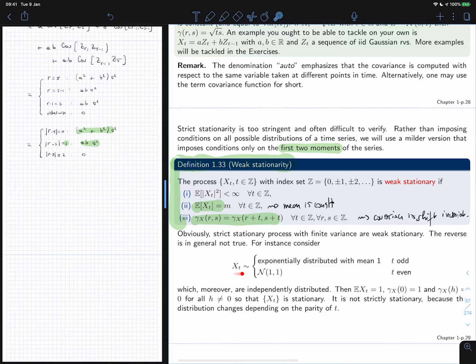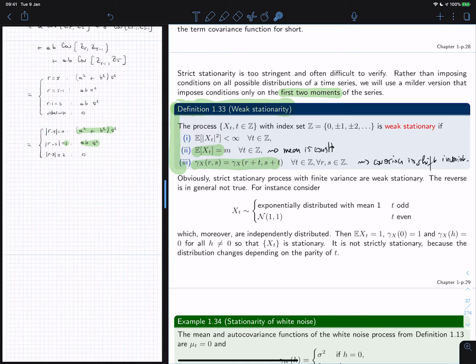For example, we could consider the sequence here, which has different distributions according to the parity of the time. At every time t, the mean of X_t is 1. Secondly, it's an independent sequence, so the covariance is only non-zero at lag 0. Sorry, that's not a very good notation because I hadn't defined this yet.